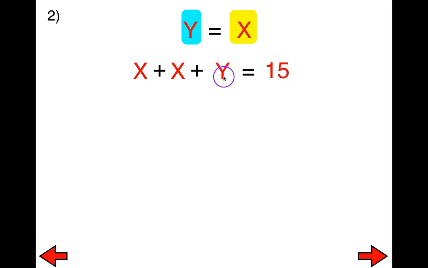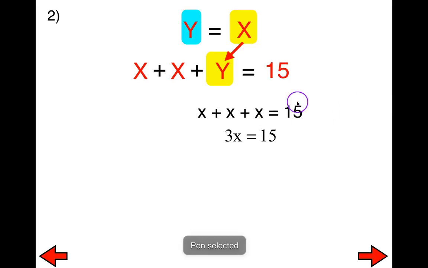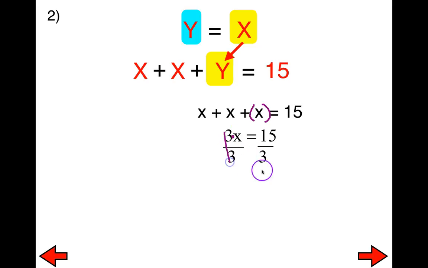So I'm going to replace this y with an x because y equals x. So now I have the x plus x. I replaced this one y with an x, leaving me with 3x equals 15. This is 3 times x, so the inverse would be to divide both sides by 3, leaving me with x equals 5. Which is great.